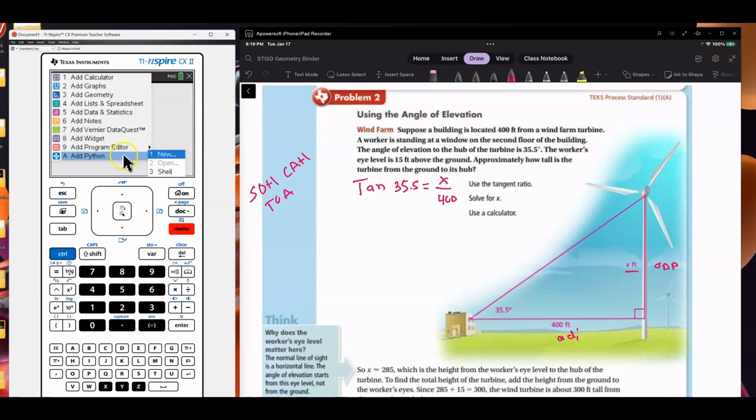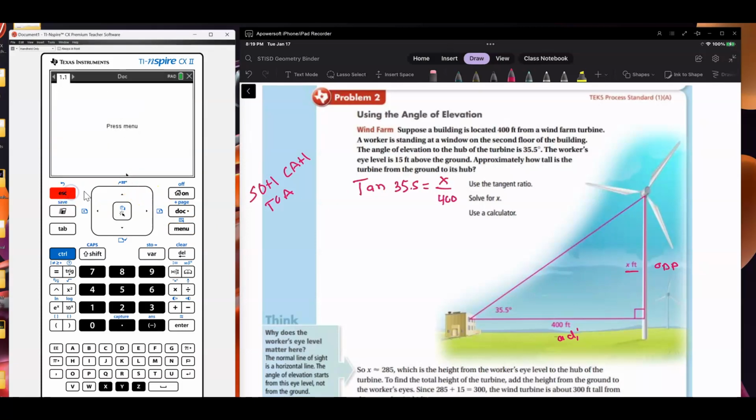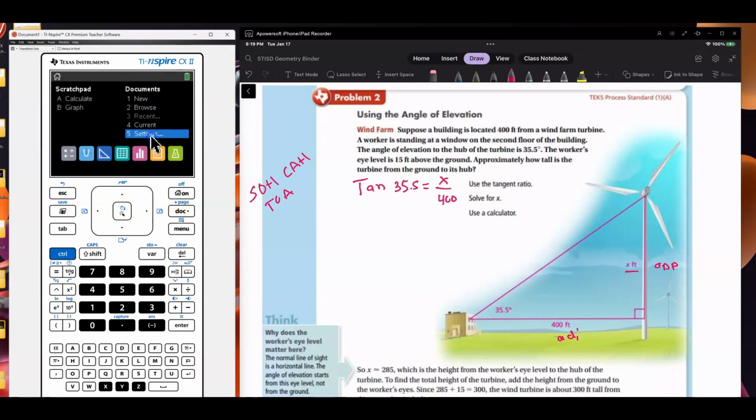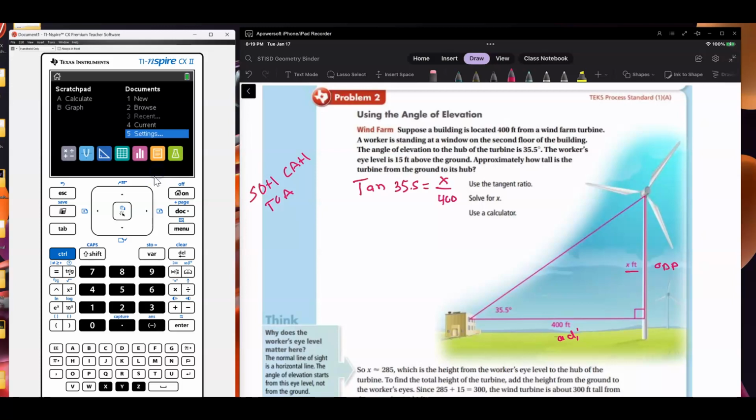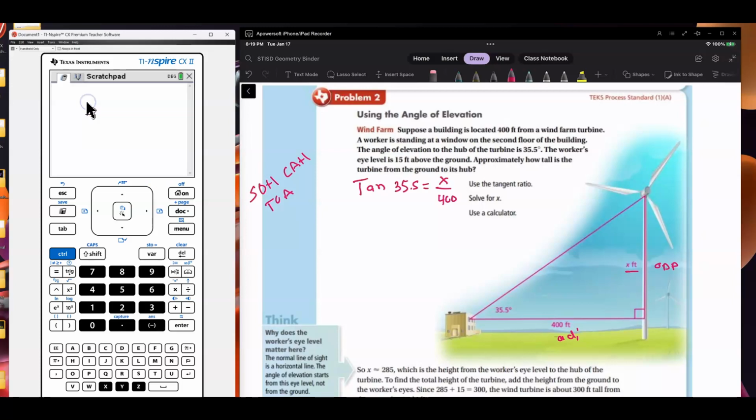Before we do that, we need to ensure that we're working in degrees. You see how it says radian, we want it in degrees. Now we can go ahead and calculate. We go to trig, we go to tangent, 35.5, and then of course we multiply by 400.